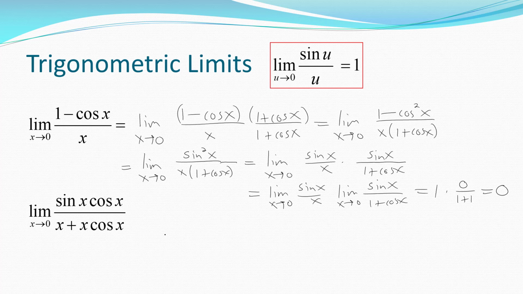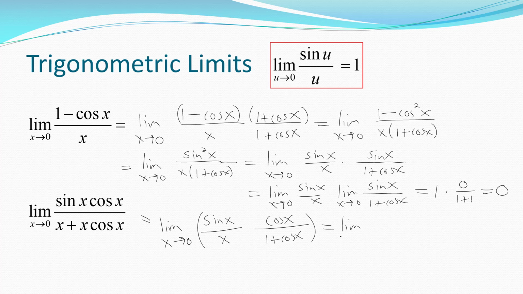Last one. To find this limit, notice that you can rewrite it kind of like I just did. Take the sine of x separately, and the denominator, there's a common factor of x. Take it out. What's left over is another fraction with a cosine and a 1 plus a cosine of x, because I factored that x out. Take the limit of that. So the limit of the product is the product of limits.